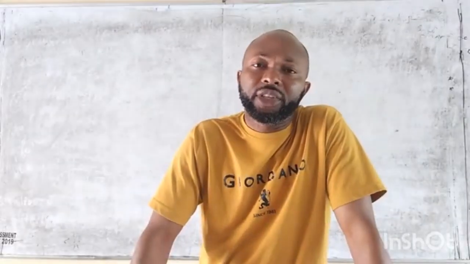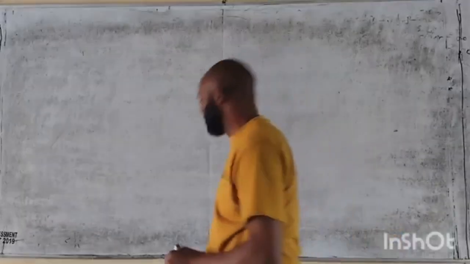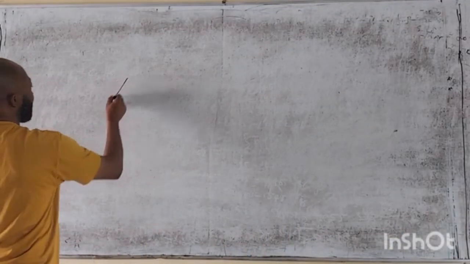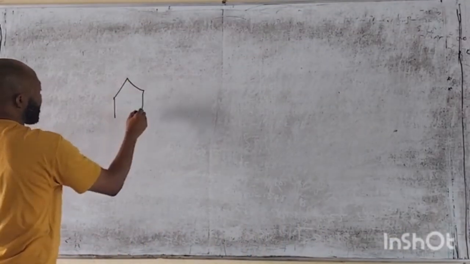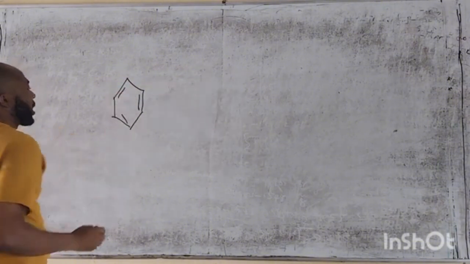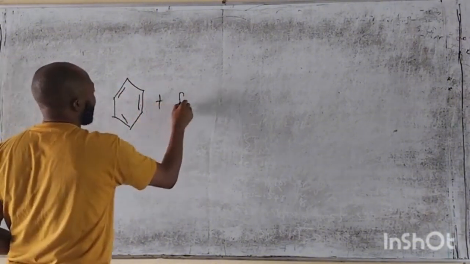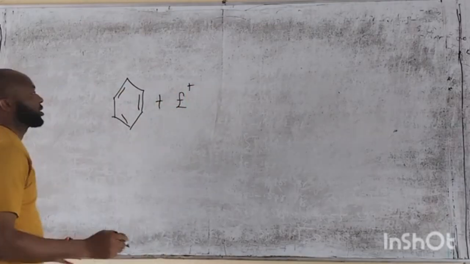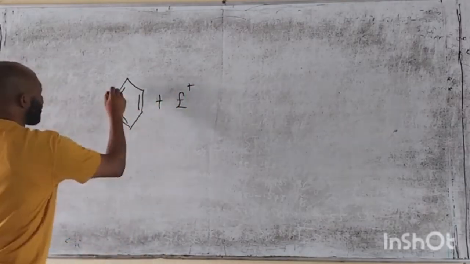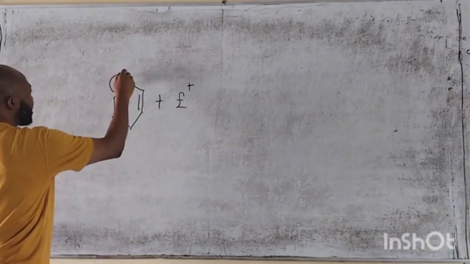So let's take, for example, our benzene. This is our benzene, all right? And this is my electrophile, so it's positively charged. If I want to react this with this, first of all, there will be my bond movement here.